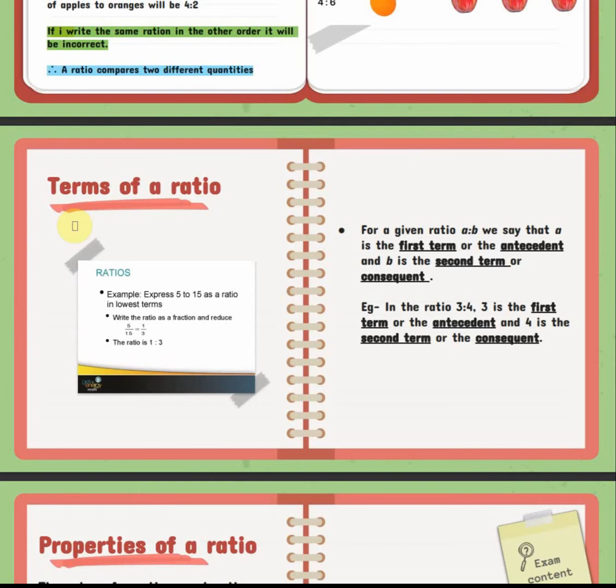The first number will be known as the antecedent or the first term, and the second number will be known as the second term or the consequent. But the more professional or formal words are antecedent and consequent. So in the ratio 3:4, 3 is the first term or the antecedent, and 4 is the second term or the consequent.